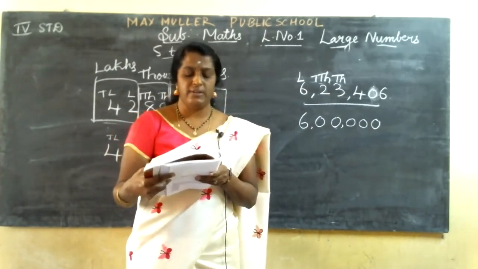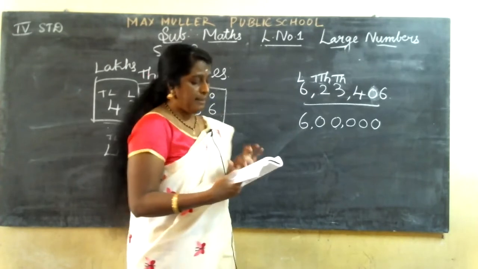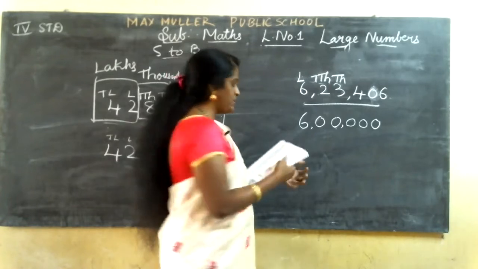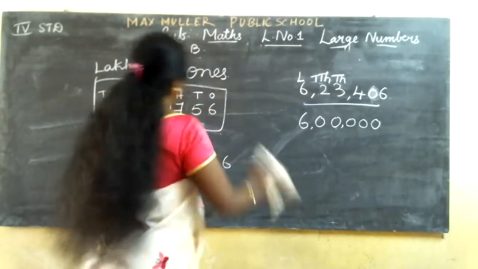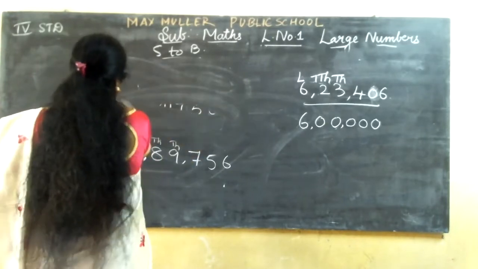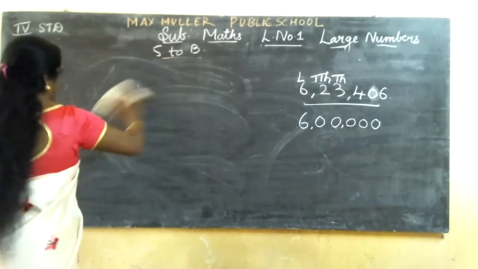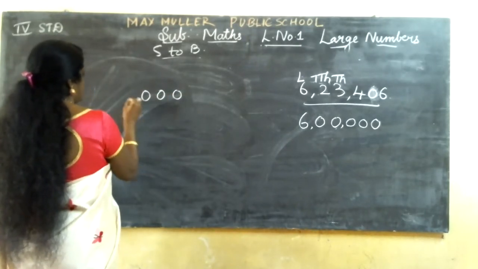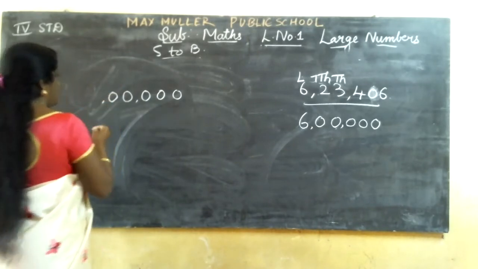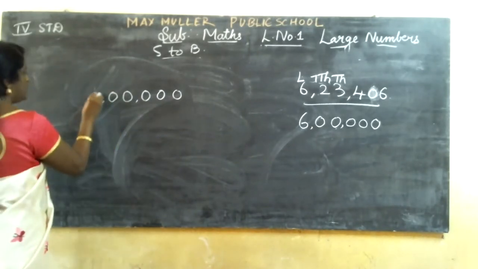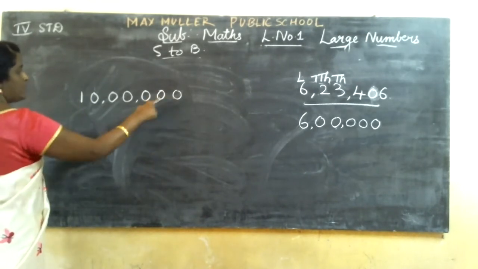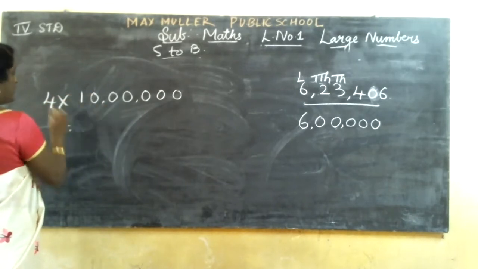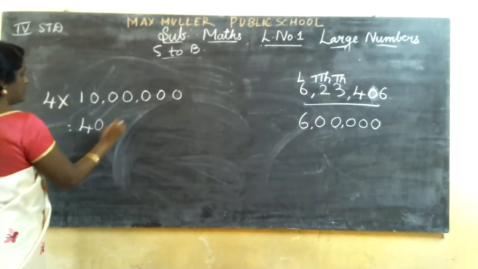So here 4 is in the lakhs place. Here 4 is in the 10 lakh place. 10 lakh means how much? See here: ones, tens, hundreds, 1,000, 10,000, lakh, 10 lakh. 1, 2, 3, 4, 5, 6, 7, 7 digits. 4 into 10 lakh, how much will you get? 4 followed by 0.